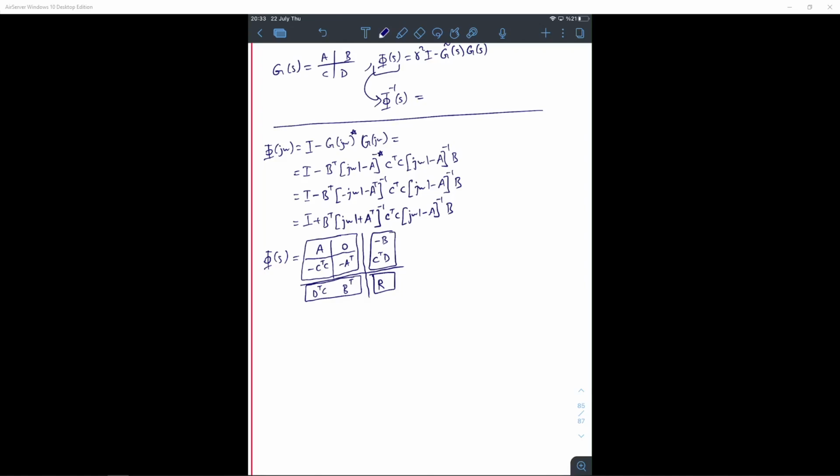All right, just read a remark. Okay, if g of s is A, B, C, D, right, then g inverse is its system, and g times g inverse is an identity, right?